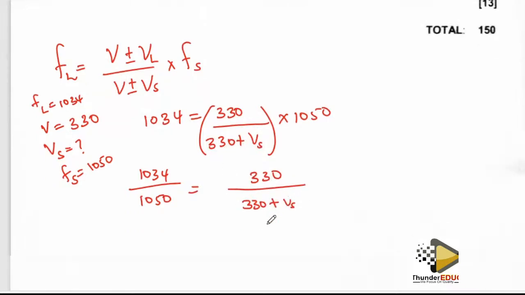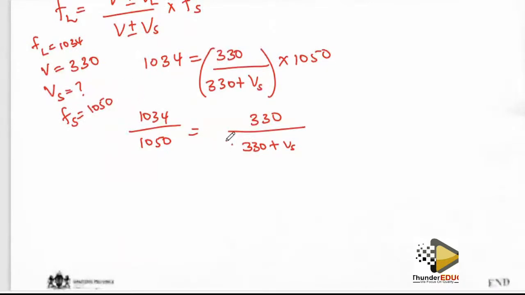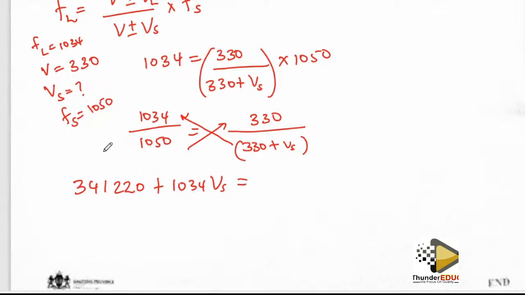We can do the cross multiplication at this level, no problem. So 1034 times 330 gives us 341,220. That's 1034 V_s is equal to 330 times 1050, which gives me 346,500.